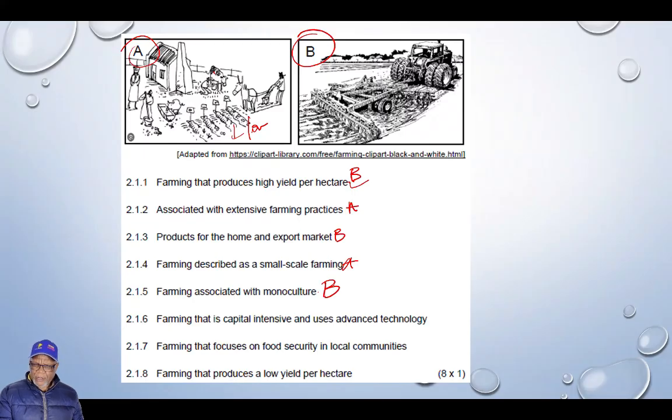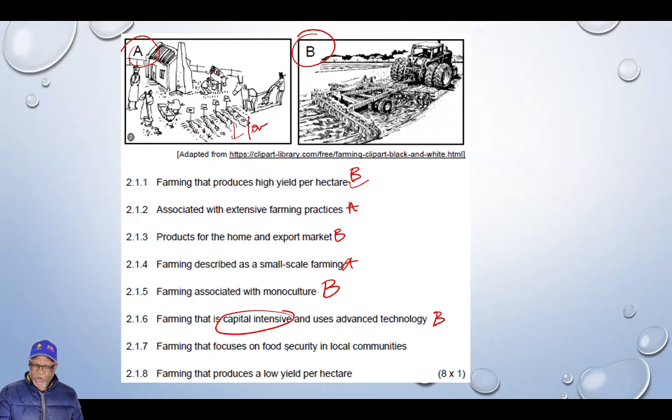Farming that is capital intensive and uses advanced technology is B. Capital intensive. It uses a lot of resources, a lot of money, a lot of fertilizers, and it requires high technology. So it is capital intensive.